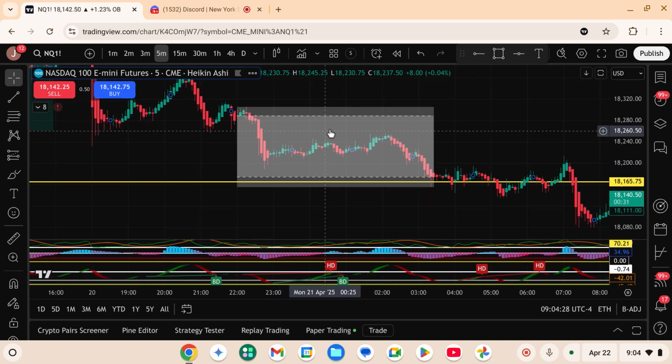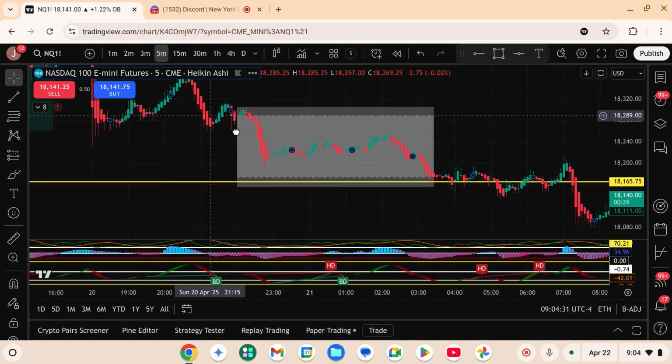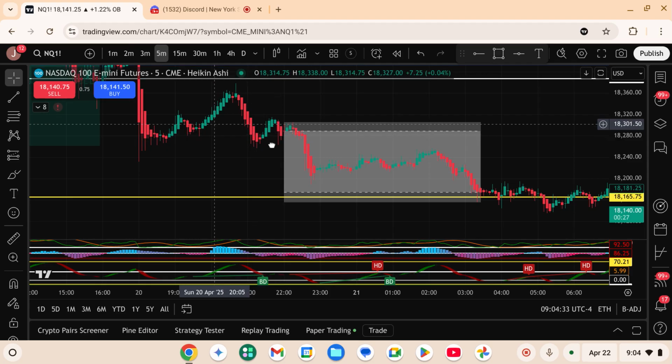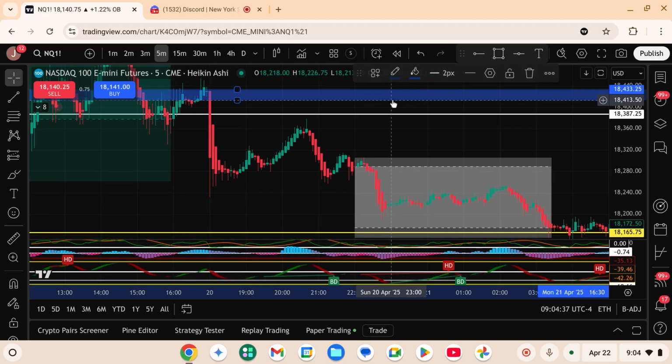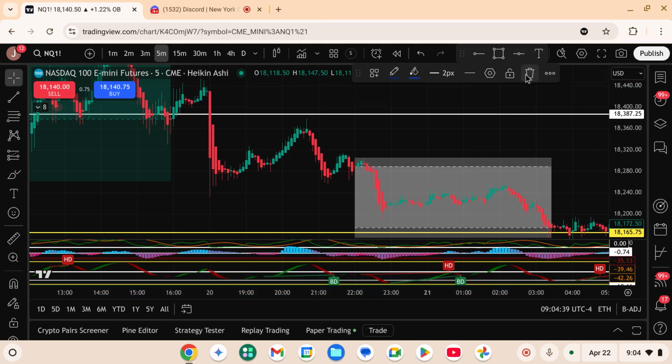Not this, like I said, this white box is London session, so we'll ignore that one. Could take this off. It's the level I forgot to delete. Something else I forgot to delete here. Get rid of that.